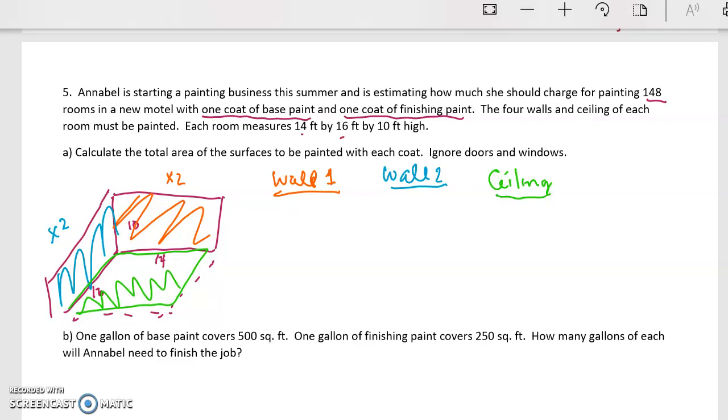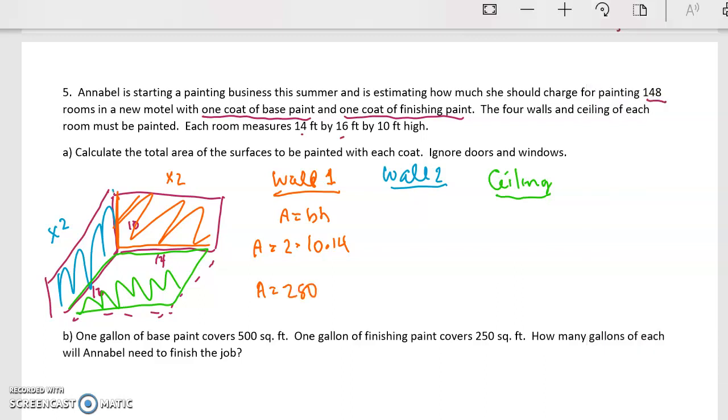All of these are rectangles, so they're going to be base times height. So wall 1, the area is base times height. So we're going to multiply 2, because again, we need 2 of those. And this is 10 by 14. So that's 280 for both of those walls, square feet.